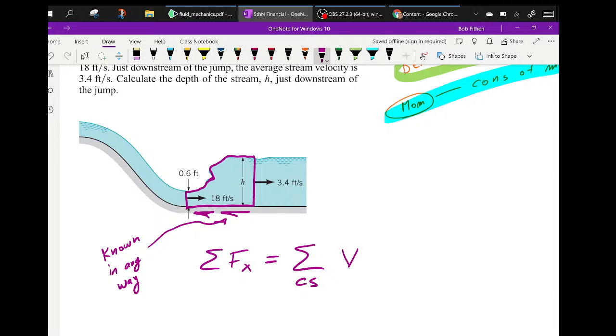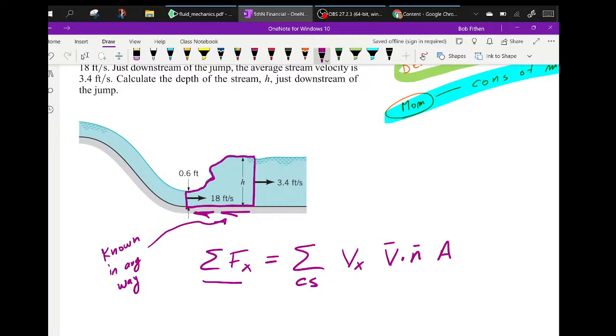So if I look at the equation, first of all, this attaches itself to that. So V dot N and area, and that's essentially it.